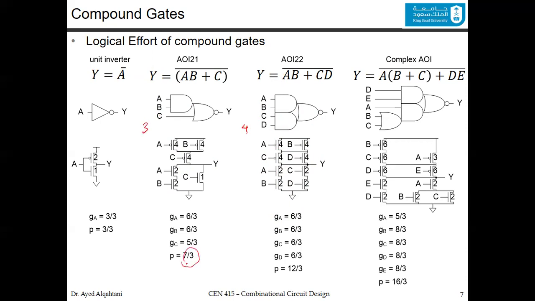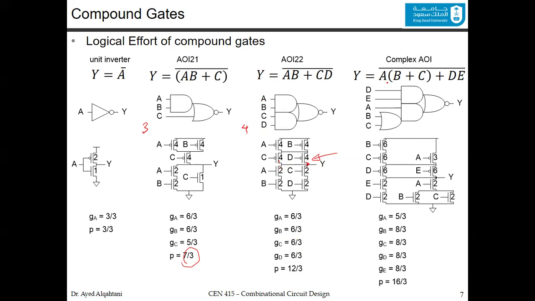We found it to be 7/3. Now for this one, there are 4 inputs, and let's check from the output side. The output is connected to 4, 4, 2, and 2. Add them together, they are 12/3. So luckily, we found that the result is actually what we were thinking, that it is 4.